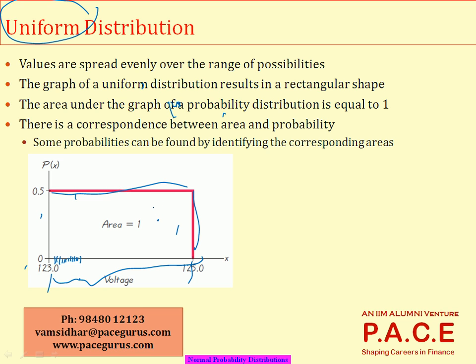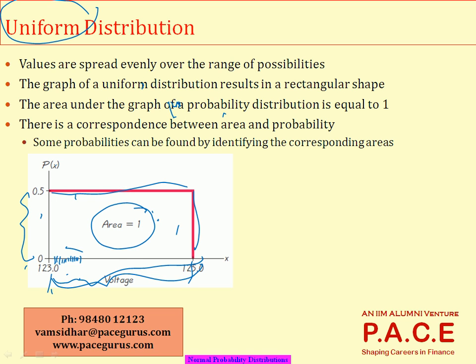In this kind of probability distribution, if I plot the probabilities for each of the values, the area under this rectangle comes out to be exactly 1, because this is 0.5, whereas this side is 2 units. So the area comes out to be 1. This is one of the important aspects that carries even into the normal distribution or the standard normal distribution.